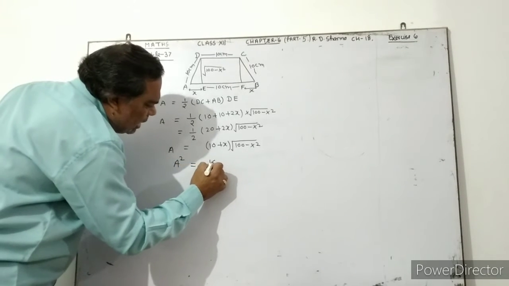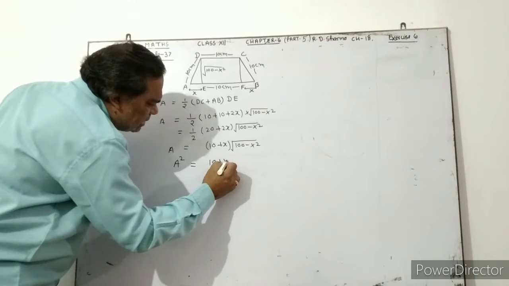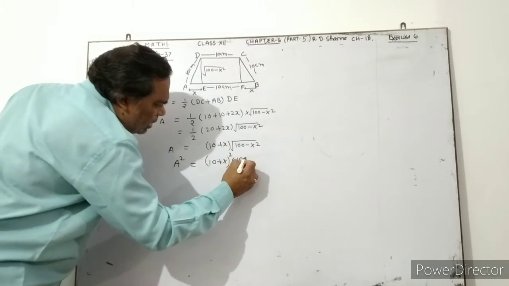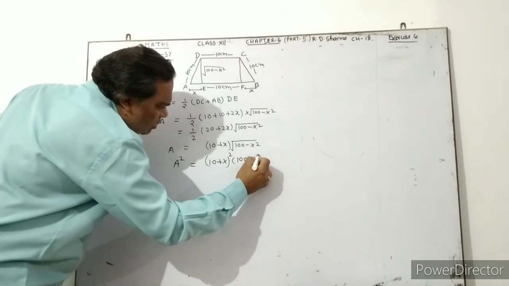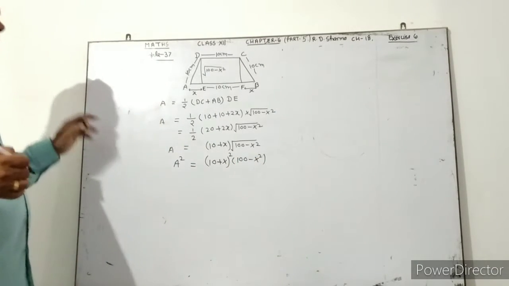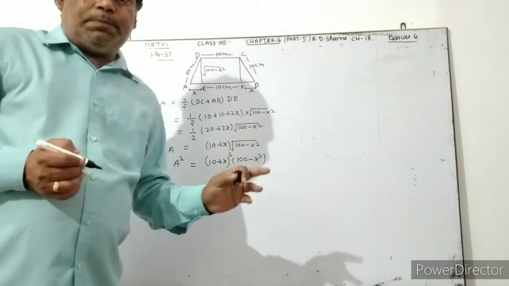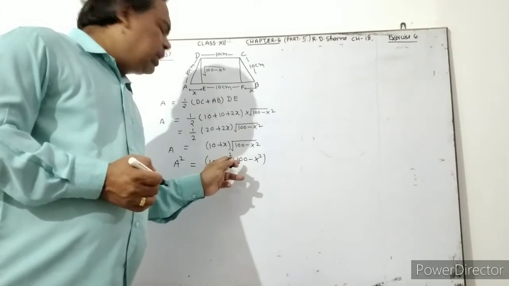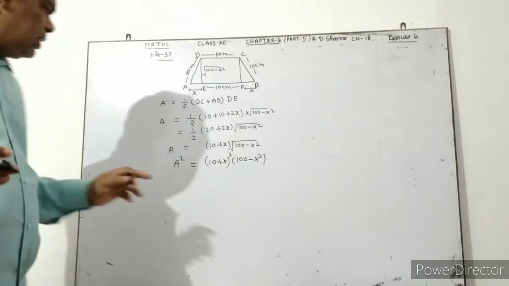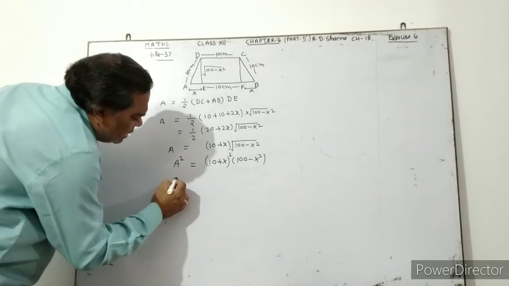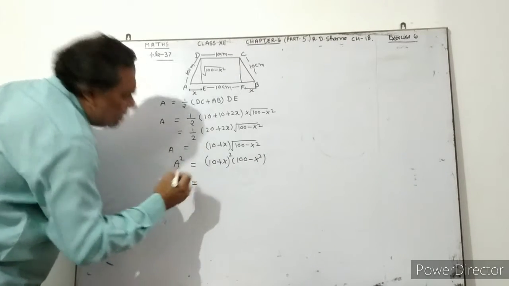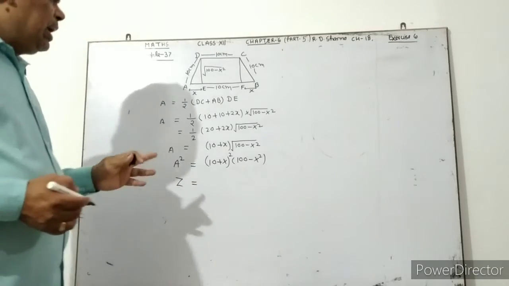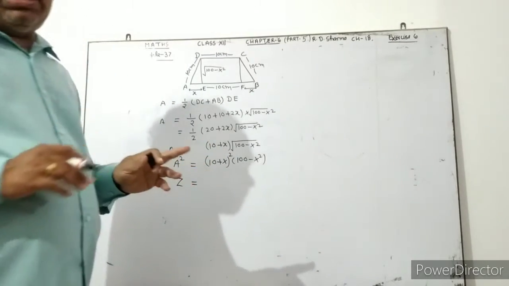And this is 10 plus x whole square, 100 minus x square. बिना स्क्वायर किए भी आप सॉल्व कर सकते हैं, लेकिन यदि आप स्क्वायर करोगे तो ये इक्वेशन इजी हो जाएगा. अंडरस्टैंड? नाउ दिस इज z. सपोज दिस इज द z. स्क्वायर मैंने इसलिए किया है ताकि डिफरेंशिएशन इजी हो जाएगा.